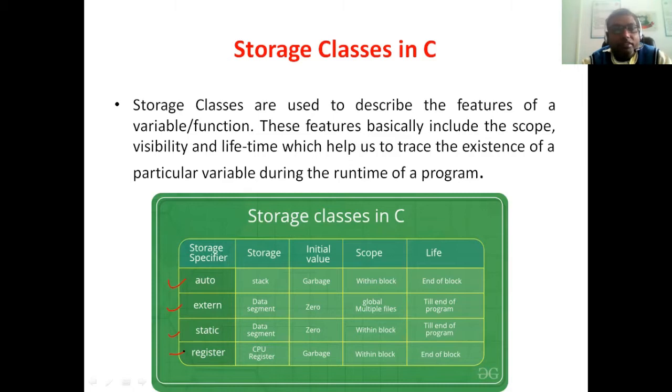First of all, we'll see about automatic. All the storage classes differ with different parameters like their storage, initial value, the scope of that particular variable, and its lifetime. That is, till where the particular variable will be used in the program.